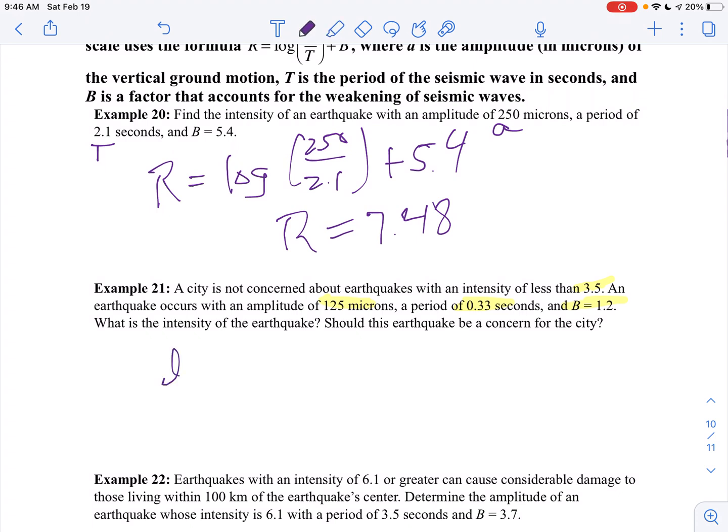So I'm going to take the log of 125 divided by 0.33 plus 1.2.